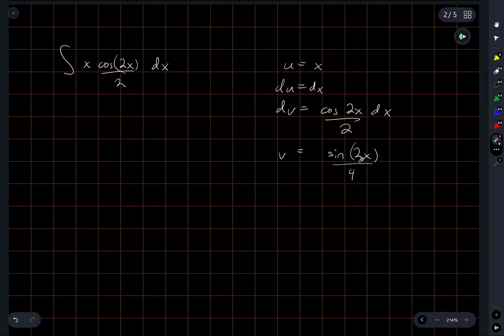So when I differentiate this, I get cos 2x times 2, and that extra multiple of 2 will cancel with one of the multiples of 2 there.